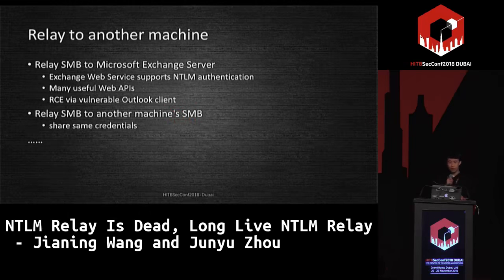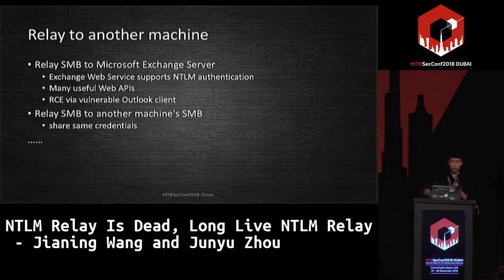We can relay from SMB to Microsoft Exchange Server, because Exchange Web Service supports NTLM authentication, and there are many useful web APIs. We can even achieve RCE via a vulnerable Outlook client.